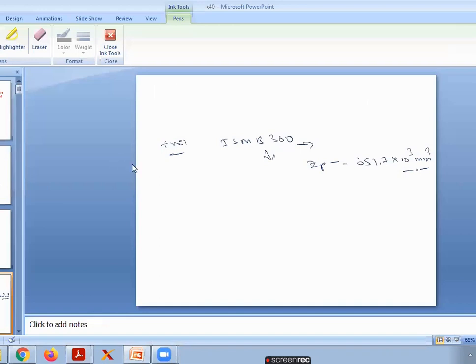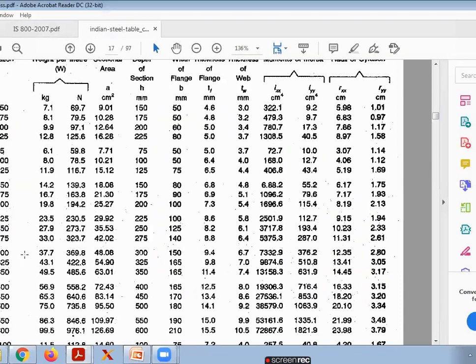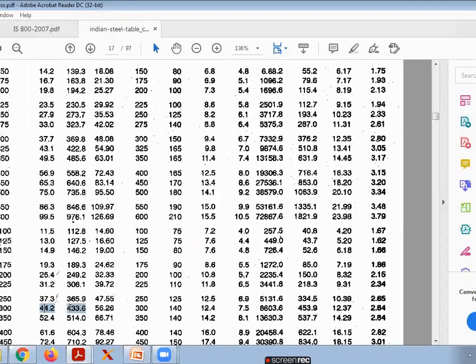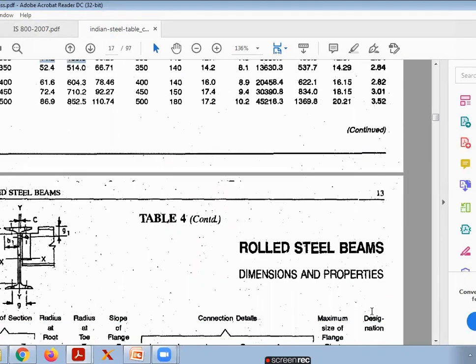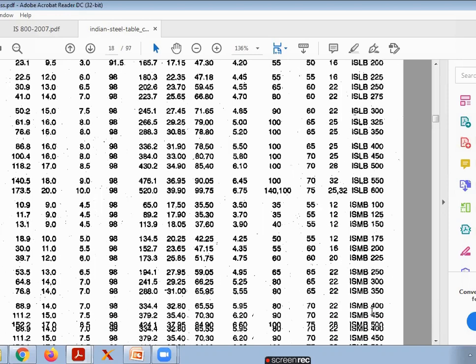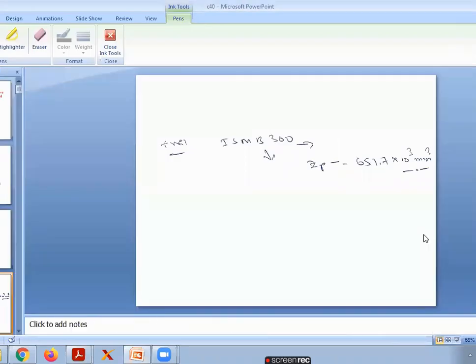Even in the steel table, on page numbers 12 and 13, if you open ISMB 300, you have all the values. Please look into this. The Zp and Ze values we will take only from IS 800.